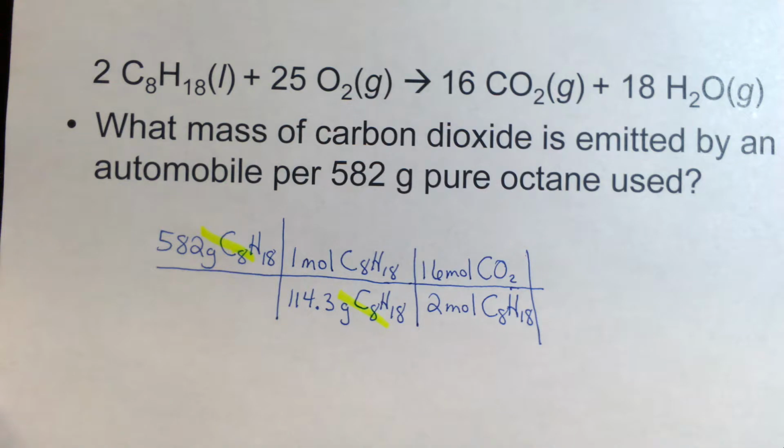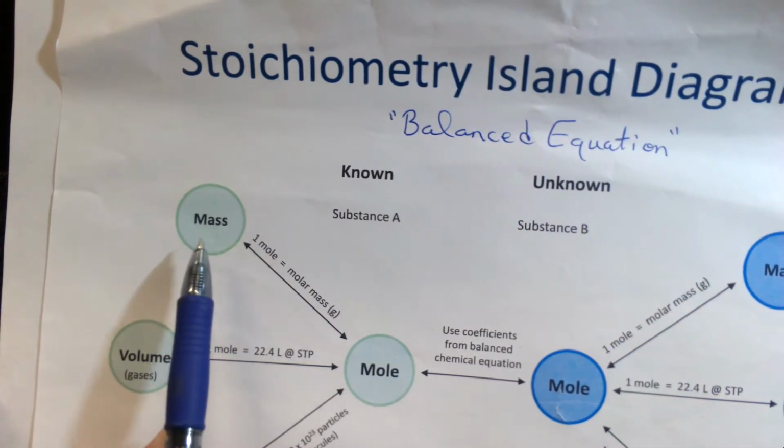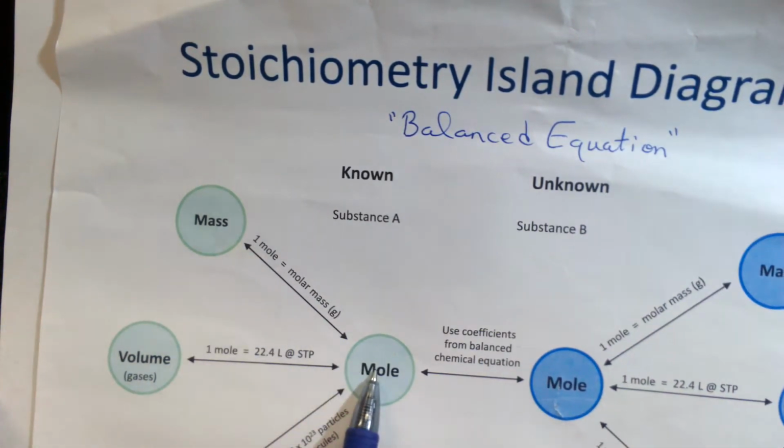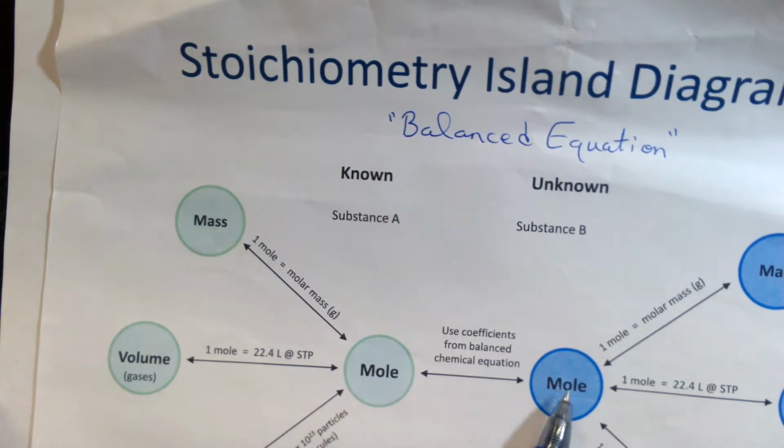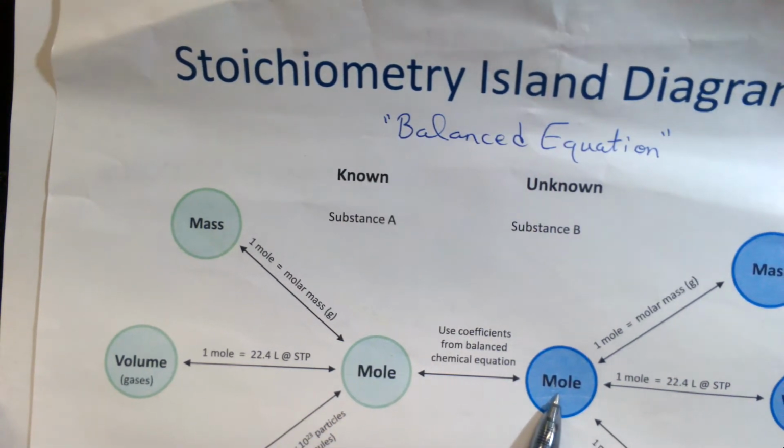That is going to cancel out the moles of octane. So on our roadmap, we've gone from grams to moles of octane, and now we've converted it over to moles of carbon dioxide.